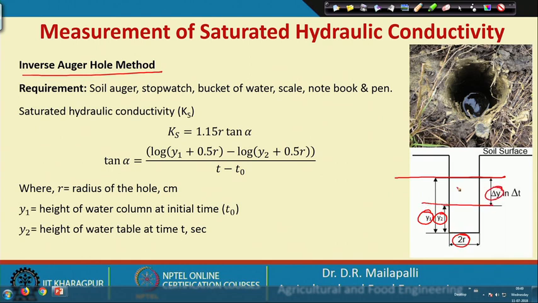So, that is delta y. K s is estimated as 1.15 r tan alpha, where r is the radius of the hole, and tan alpha is equal to log of (y 1 plus 0.5 r) minus log of (y 2 plus 0.5 r), divided by t minus t 0, where t 0 is the initial time and t the final time. Putting all the values in, you get the K s value.